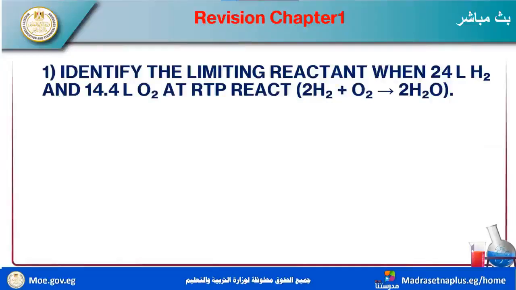Identify the limiting reactant where 24 liters of hydrogen and 14.4 liters of oxygen at RTP react in this reaction. In this reaction, you want to detect the limiting reactant. Now you must know the ratio between hydrogen and oxygen in this reaction. If you detect the ratio between them, you choose the least ratio.